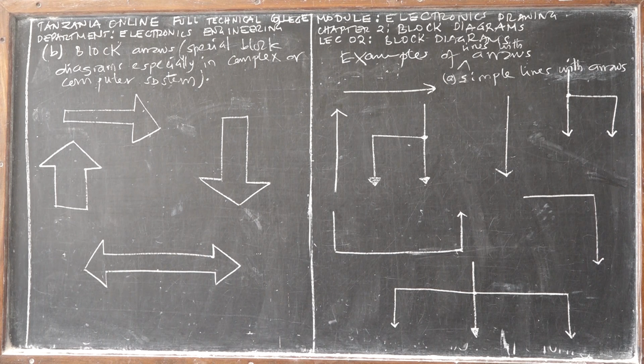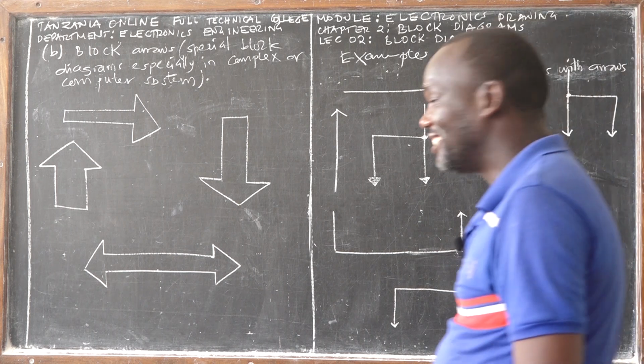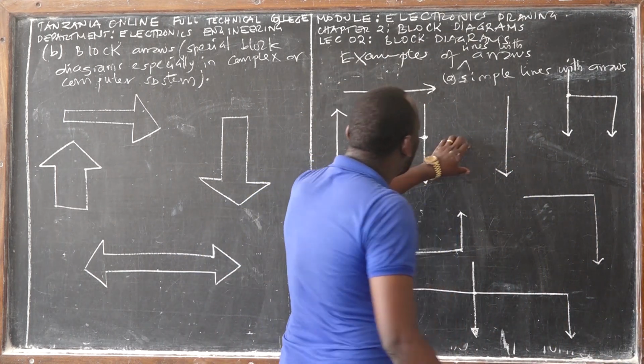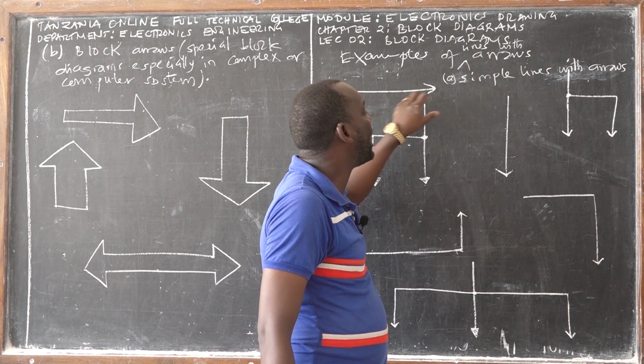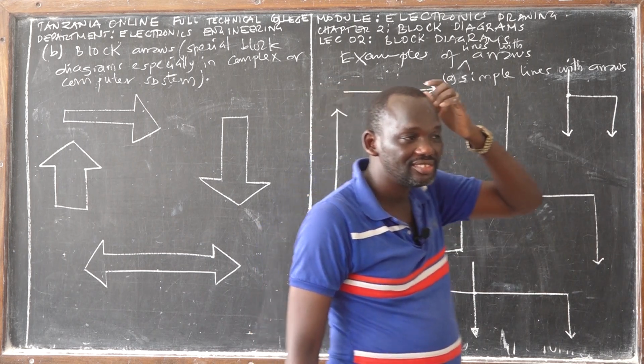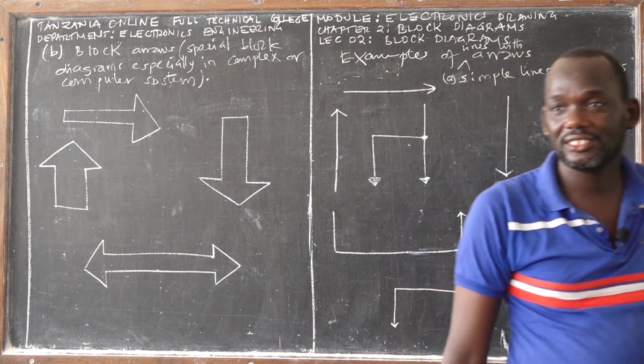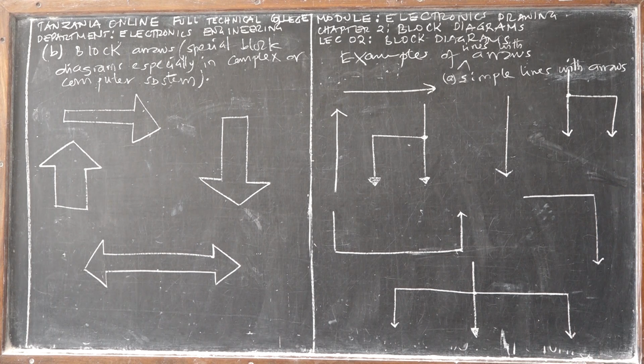So Daniel is still asking the same question. He said that in simple lines with arrows, can't we use a single line with 2 arrows? What have I been answering? Dan, what did you understand?